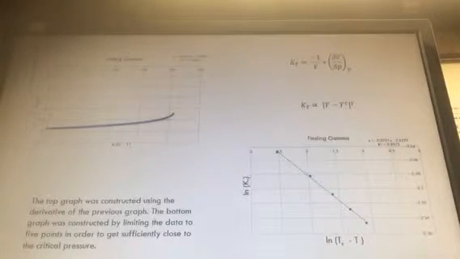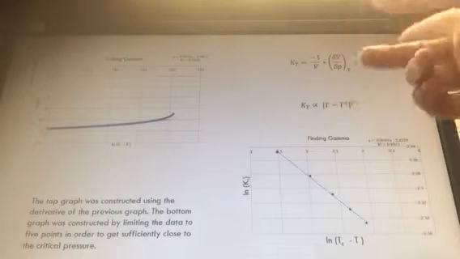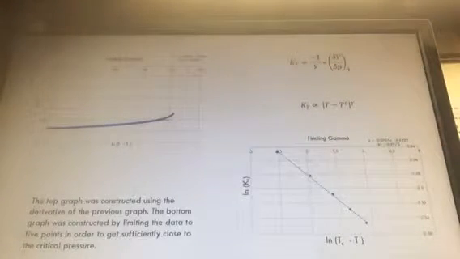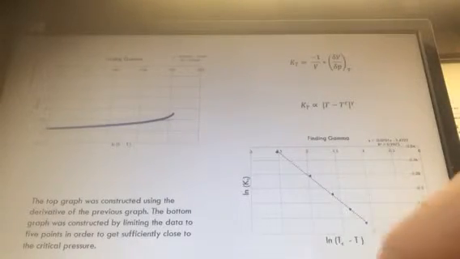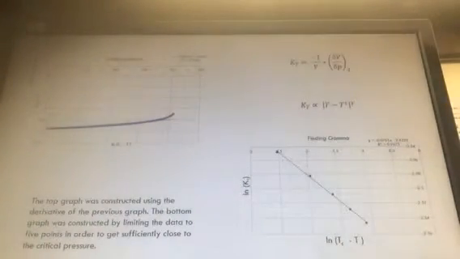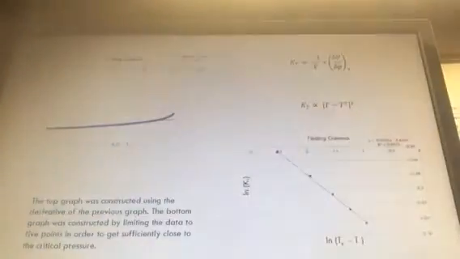But anyways, then I took the two sides of the equation and did natural log of those two sides, because I knew that the relationship between the two sides is gamma. So as you can see, I did natural log of the critical temperature minus temperature versus the natural log of the KT, and I got this thing.